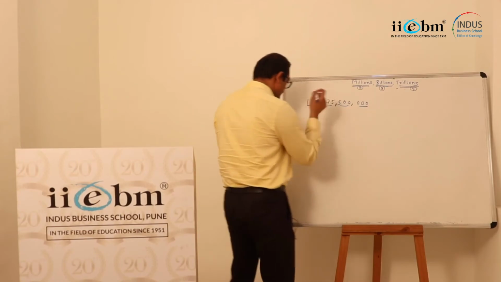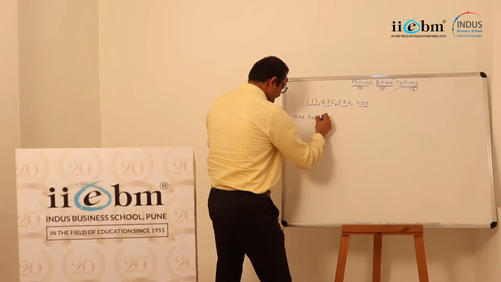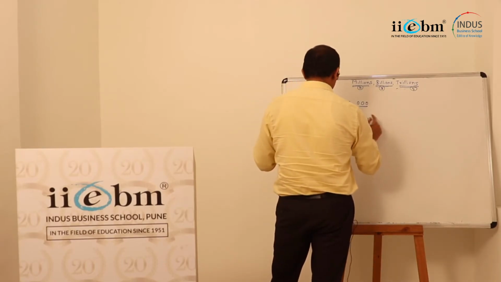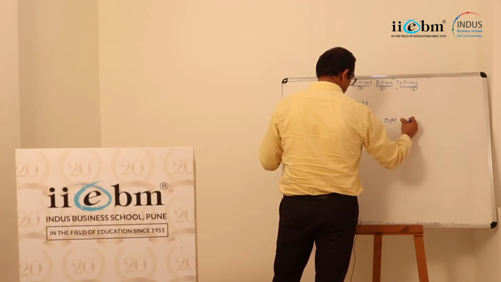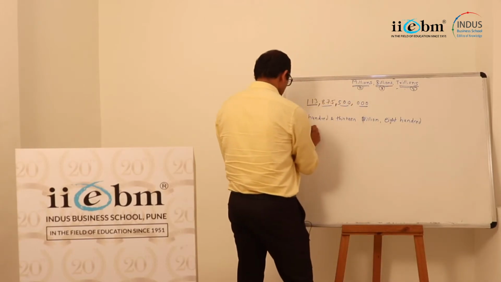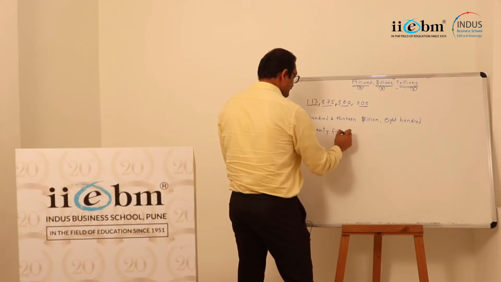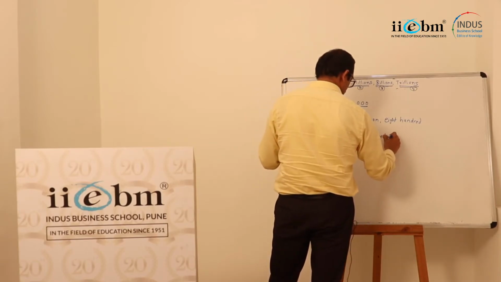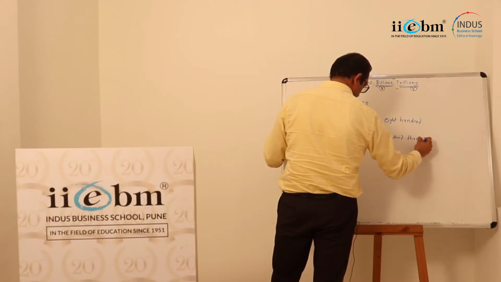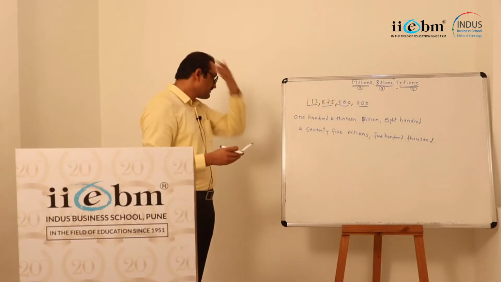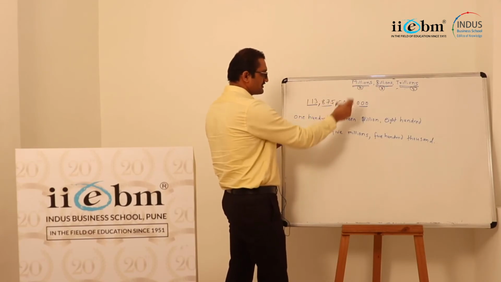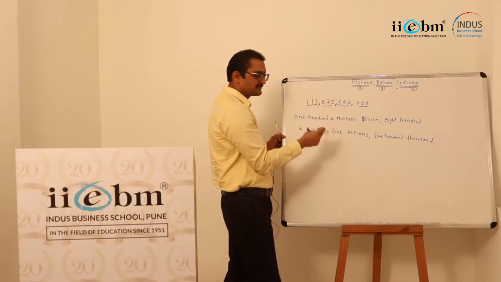So this number is 113 billion because we have 3 commas, 875 million because we have 2 commas after that, and 500,000.